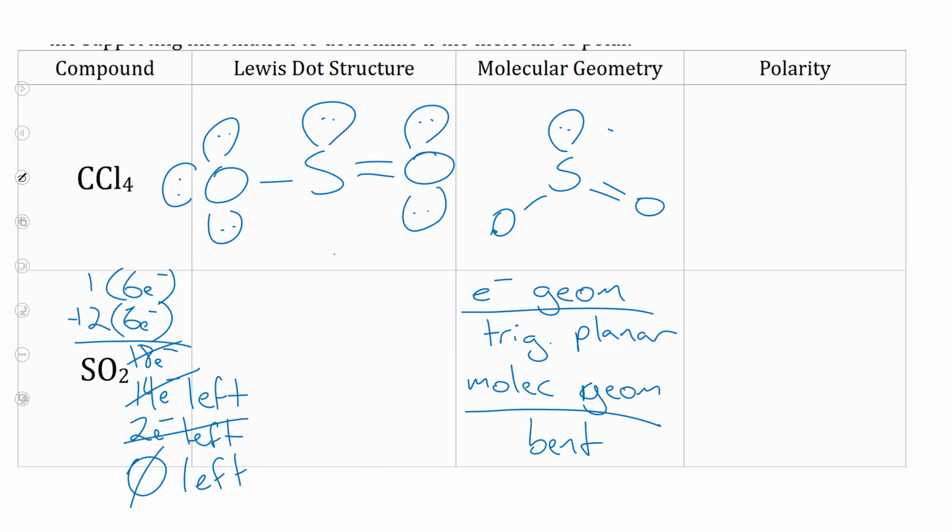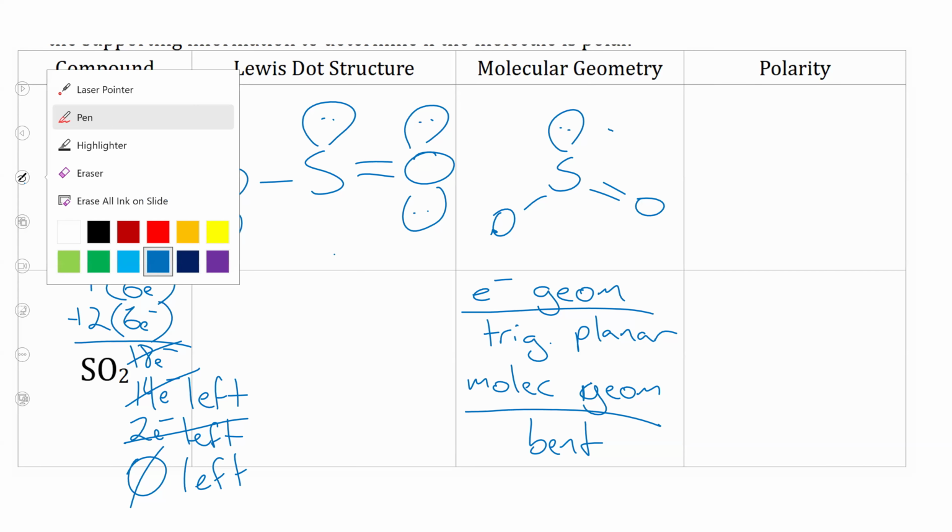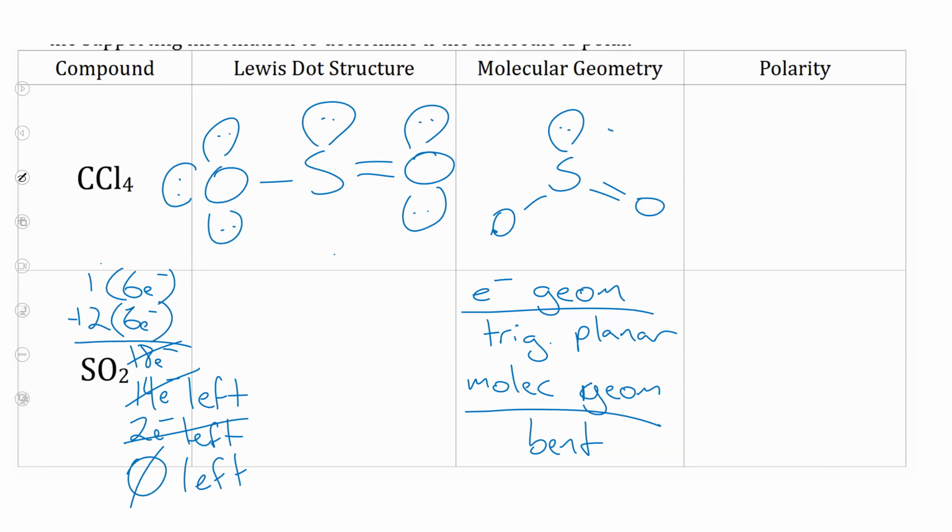All right, let's do polarity. We're still the same two criteria, right? Sulfur to oxygen is polar. Oxygen's on our Mount Rushmore, right? Oxygen's one of our most electronegative elements. So without even looking at the numbers, I know that oxygen bonded to anything besides another oxygen is a polar bond.